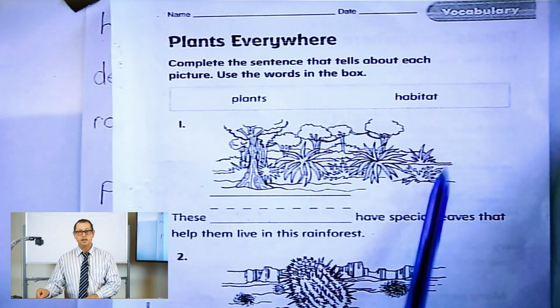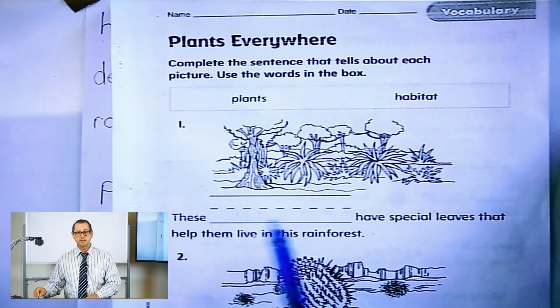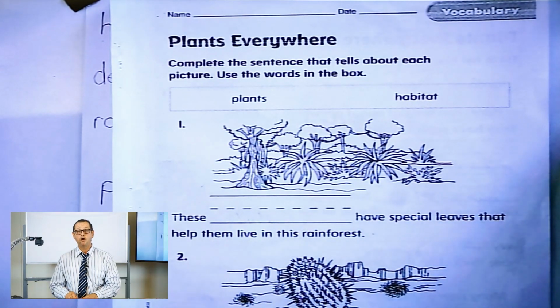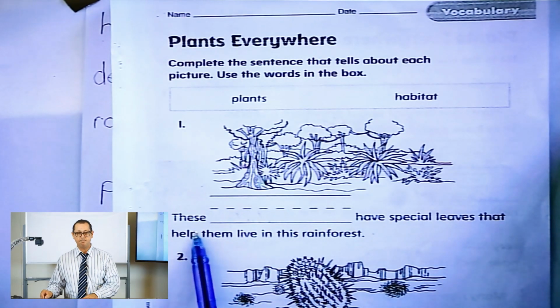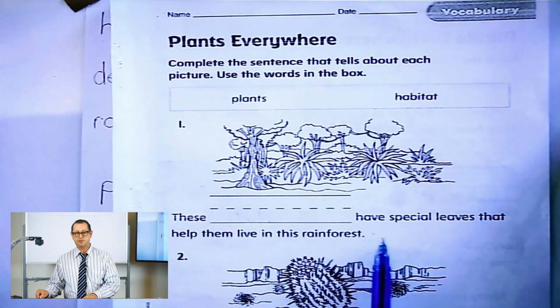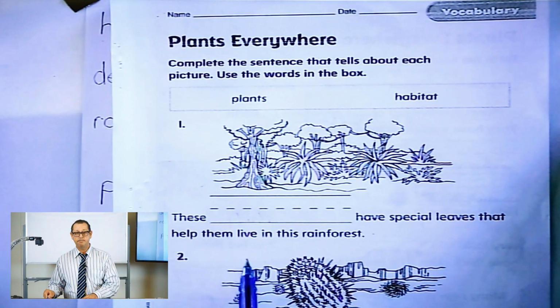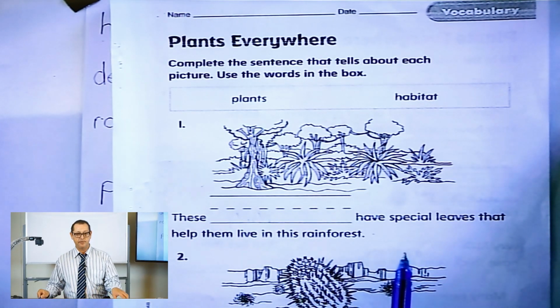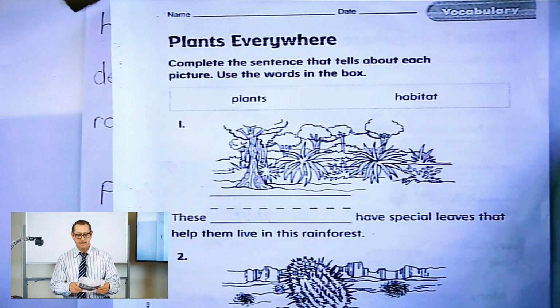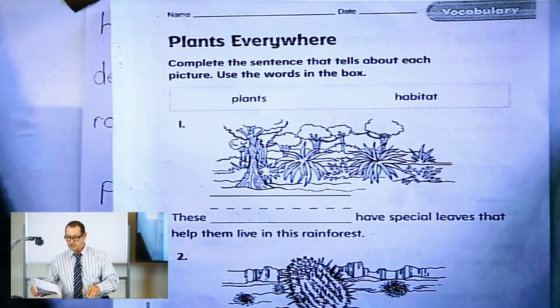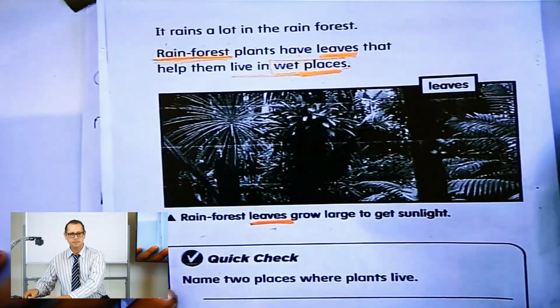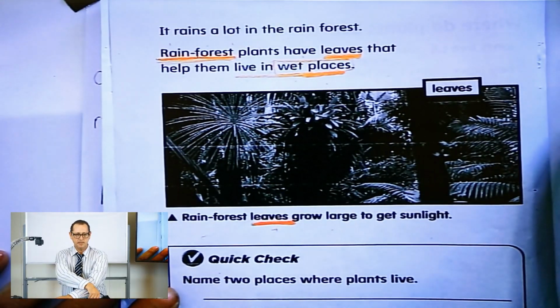So, the first picture, is it a rainforest or a desert? It's a rainforest. And it says, these have special leaves that help them live in the rainforest. Okay, if we look in your book, can we see this?